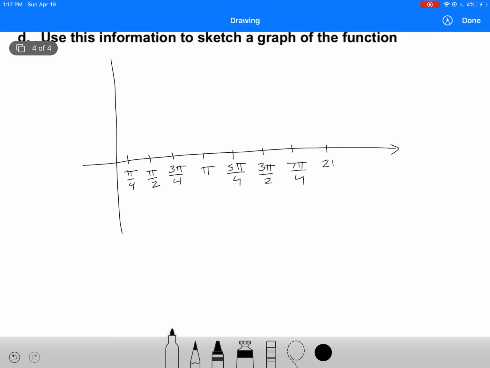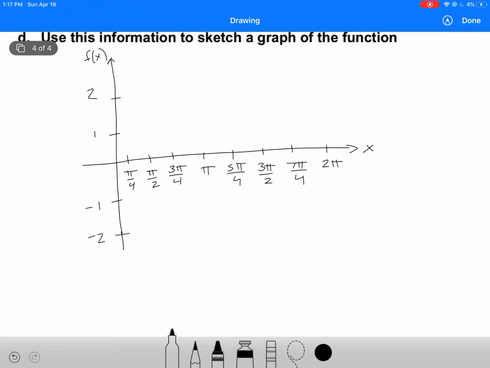Using 4 when you're plotting just makes it a little bit easier. I'm going to shorten my x-axis there. I don't need that much space. Then I've got 1, 2, -1, minus 2.